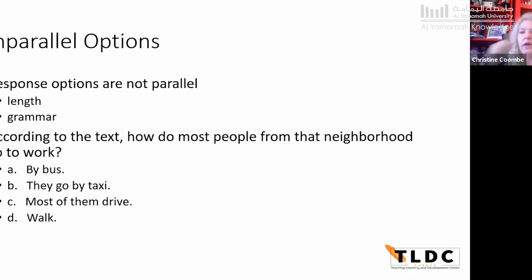To make this a better item, you could make it parallel. Since A is "by bus," you could change B to "by taxi," C "by car," and D "on foot." But then that item would result in another item violation, which was the previous one called a 3-for-1 split.